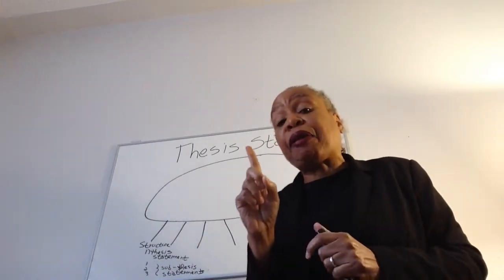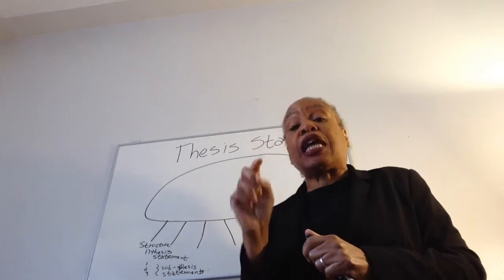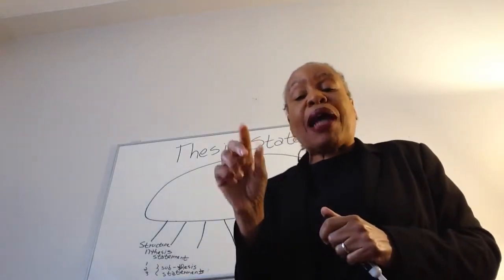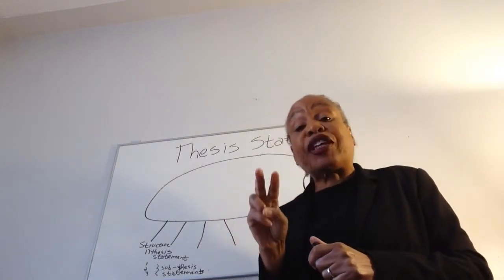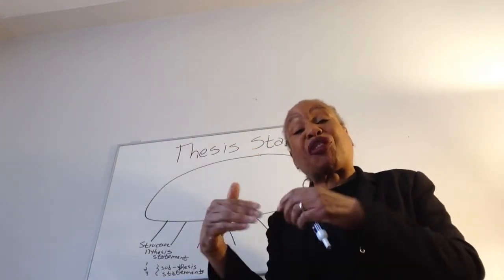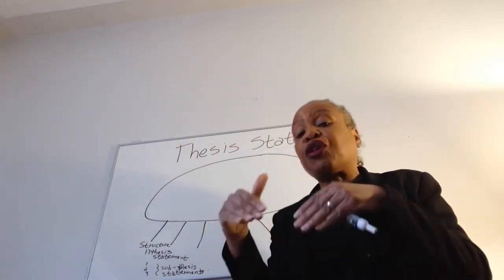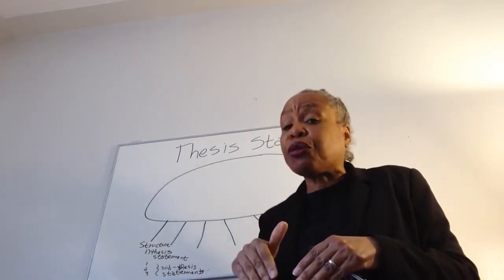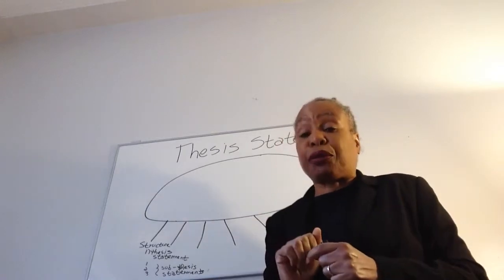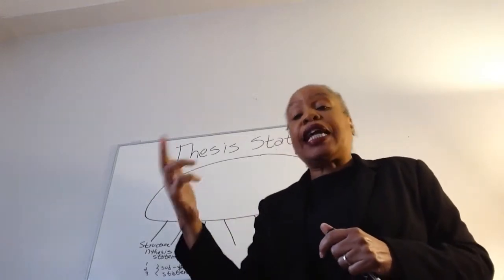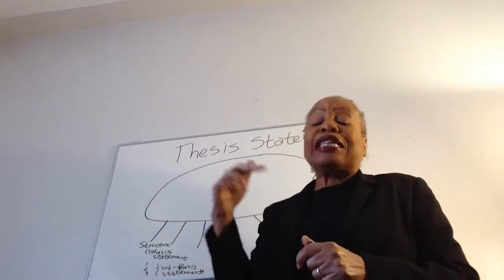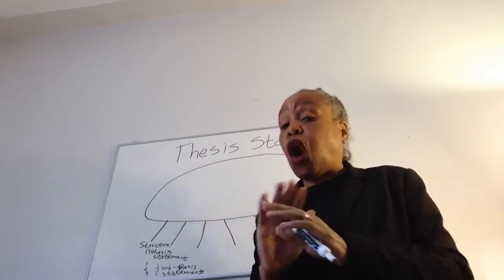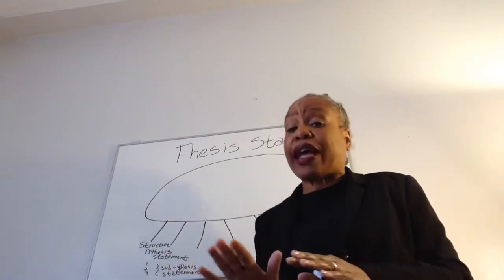But in body paragraph number 1, sub-thesis number 1 becomes a thesis statement. In body paragraph number 2, sub-thesis number 2 becomes the thesis statement. So therefore, you're only going to talk about, in body paragraph 2, sub-thesis number 2. And obviously, in body paragraph number 3, sub-thesis number 3 becomes the thesis. So you're only going to be talking about that.